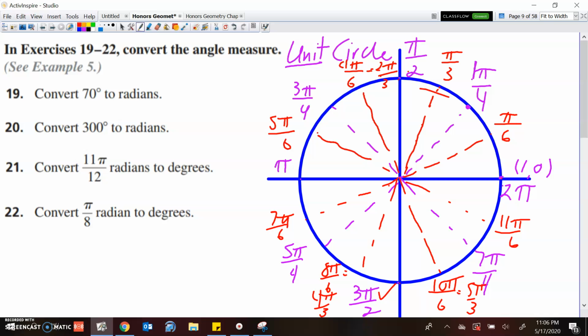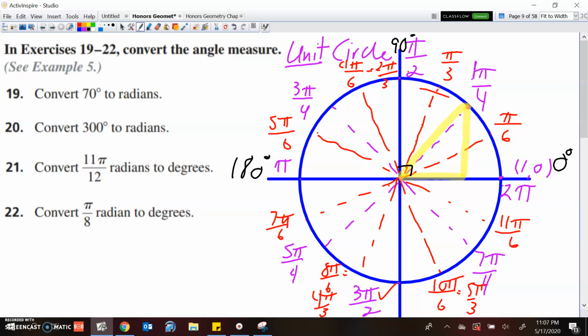What I want to do here is show you that this relates so much to what we've done this year, because if we look at the degree measures, I'm going to write these in black. This is 0 degrees. This is a right angle, so this is 90 degrees. This is a straight angle, so this is 180 degrees.